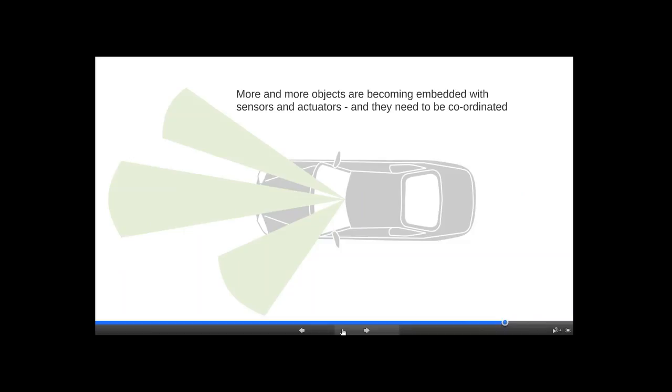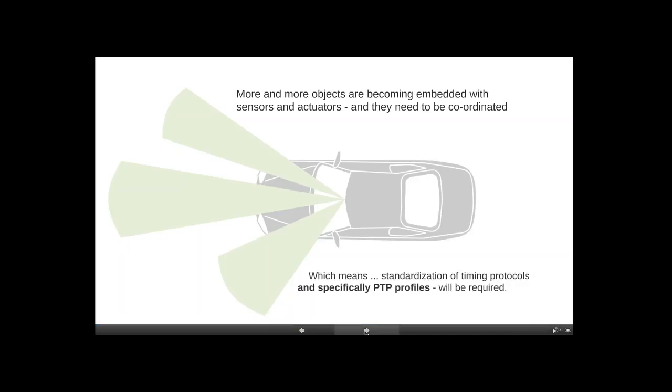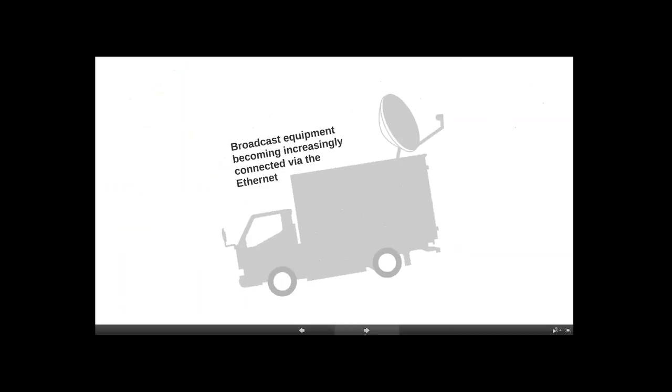These sensors need to make measurements which then need to be coordinated and then transferred into the control systems of these networks. So that coordination is increasingly being governed by PTP. So PTP profiles will be required for each of these different applications. And the industrial internet, specifically something called time-sensitive networking, is an interesting area of development to look at.